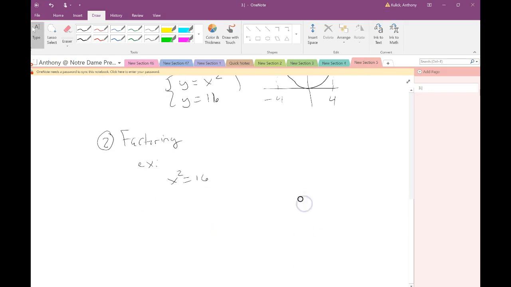So, to solve via factoring, what I want to start by doing is getting the equation equal to 0. So I'll just subtract 16 from both sides. And now, I'm going to use a special factoring property called the difference of two squares.